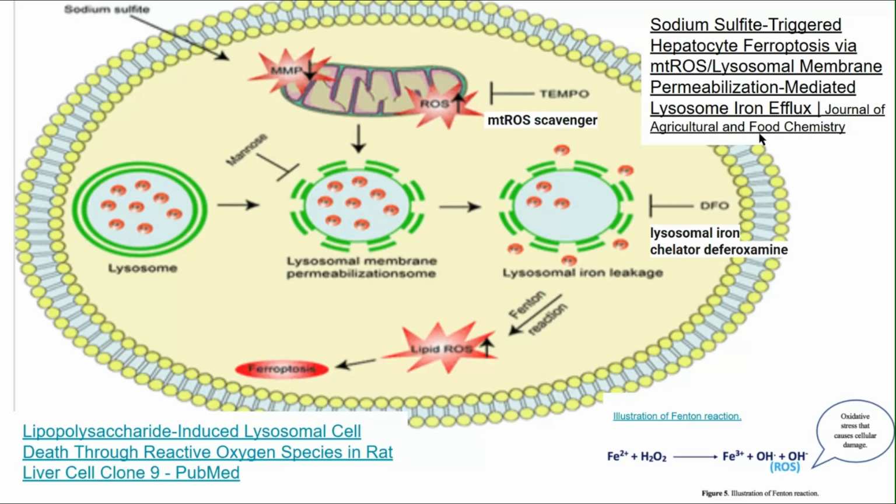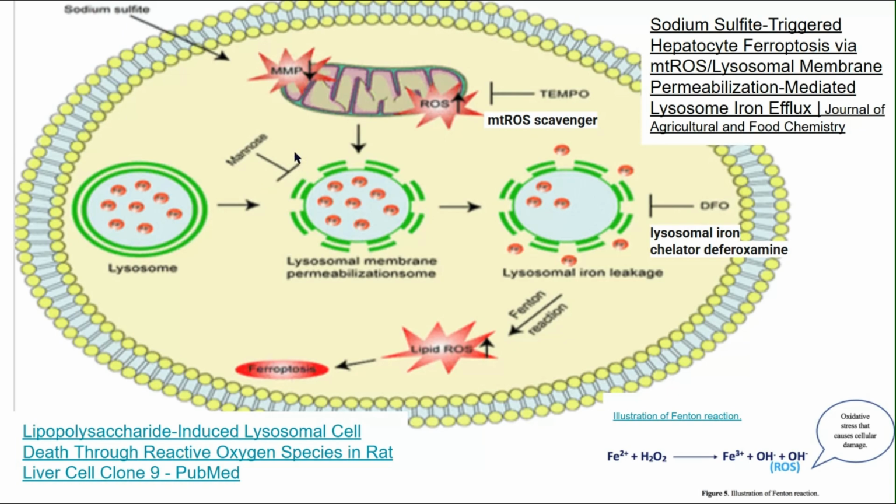So they did this study with sodium sulfite, and it triggered the liver cells, the hepatocytes, to go through ferroptosis. And they proved that it was related to the mitochondrial reactive oxygen species triggering the lysosomes to release iron by blocking the mitochondrial reactive oxygen species, and then also by stabilizing the lysosomes with mannose.